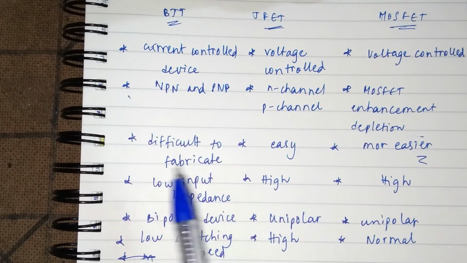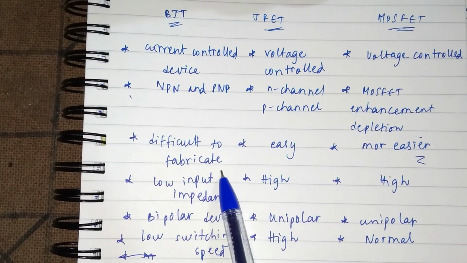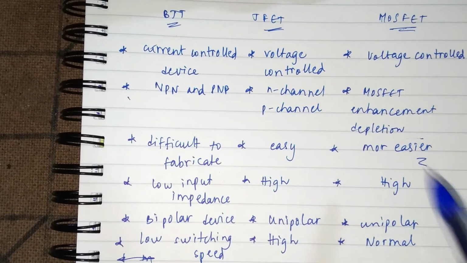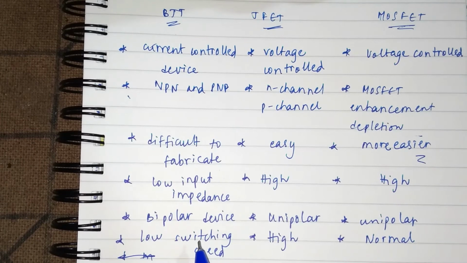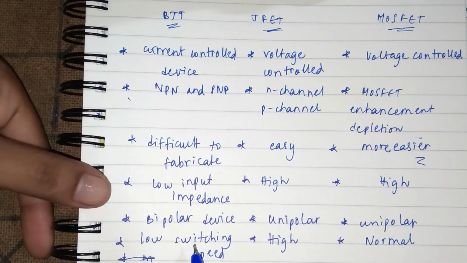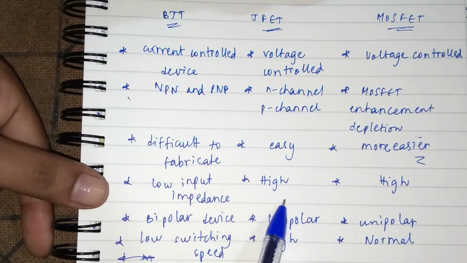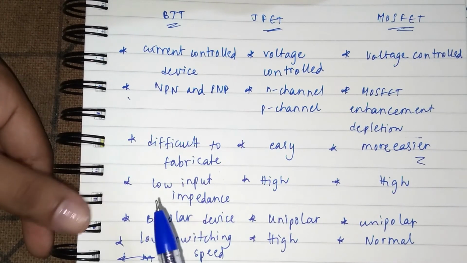Talking about the fabrication, BJT is difficult to fabricate, whereas JFET is easy and MOSFET is much easier than JFET. Coming to input impedance, we have BJT with low input impedance and JFET and MOSFET having high input impedances when compared to BJT.